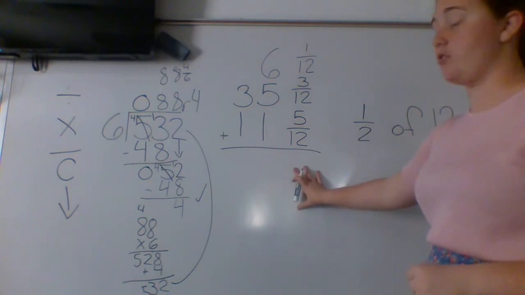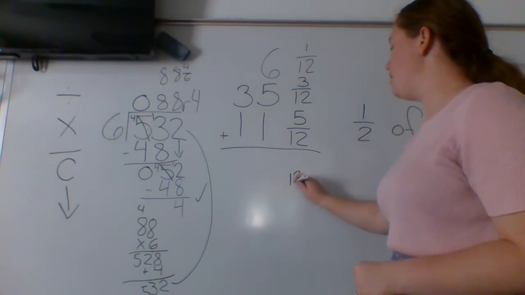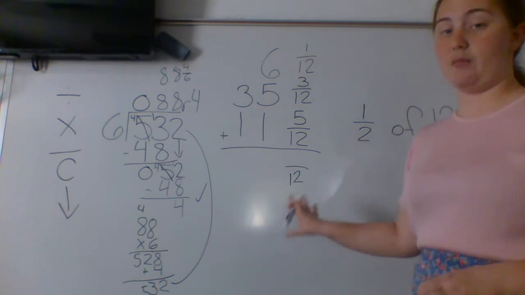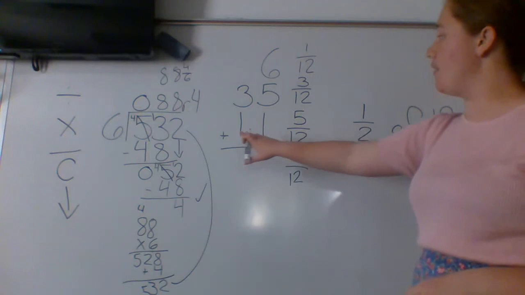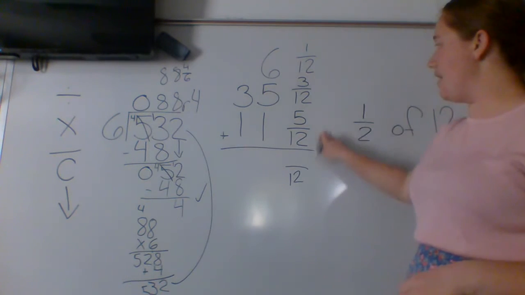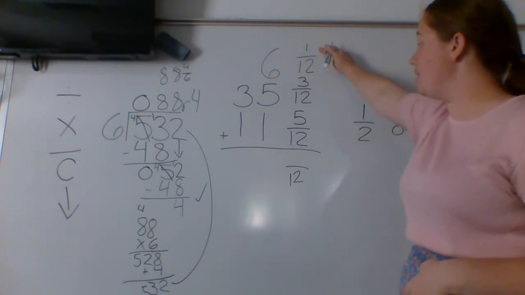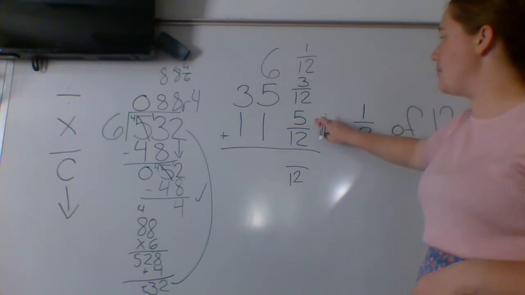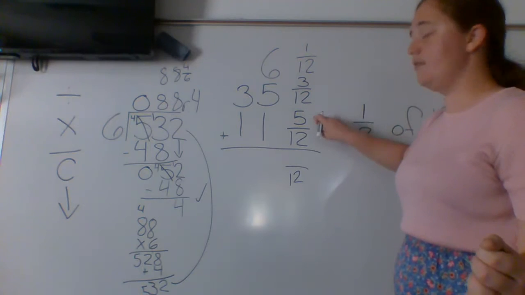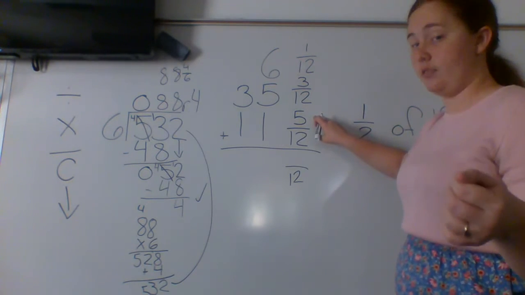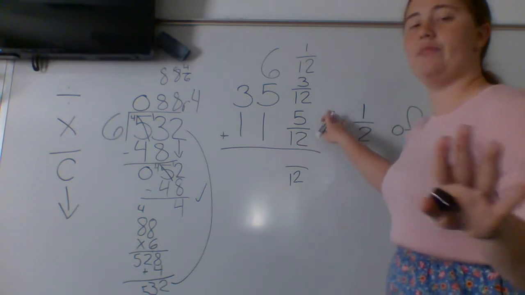If we're going to do our fraction first, I already know my bottom number is going to be 12. So I'm adding these fractions together. Top number is 1, top number is 3, top number is 5. 1 plus 3 is 4, plus 5 is, I'm sorry, not 12.